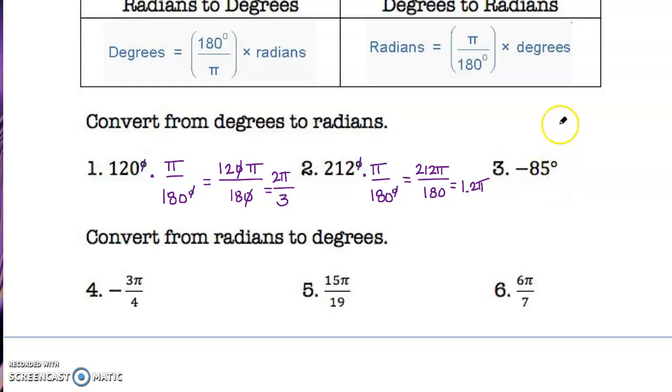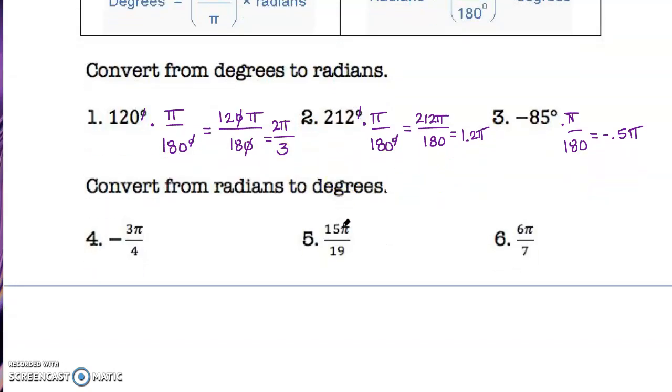So I want you to pause the video, convert 85 degrees, or negative 85 degrees, and check your answer. So when I divided negative 85 by 180, I got about negative 0.4722. So I just rounded that to negative 0.5, and then we would still multiply that by pi. So when you are giving your angles in terms of radians, we typically leave them in terms of pi. We don't multiply that out.